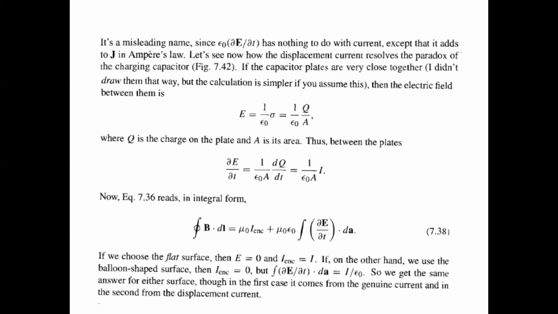If you choose the flat surface, then E equals 0, so I enclosed will be I. If on the other side you use the balloon-shaped surface, then I enclosed will be 0, but ∂E/∂t on that surface will be I by ε0 A. So we get the same answer for either surface, though in the first case it comes from the genuine current and in the second it comes from the displacement current.